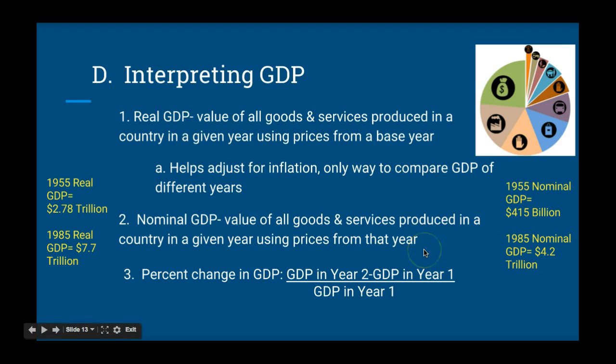For example, if I wanted to do it for real GDP from 1955 to 1985, I would have to do 7.7 trillion minus 2.78 trillion and then divide by 2.78 trillion and multiply by 100, and that tells you how much GDP has actually changed, the percent change in GDP from 1955 to 1985.